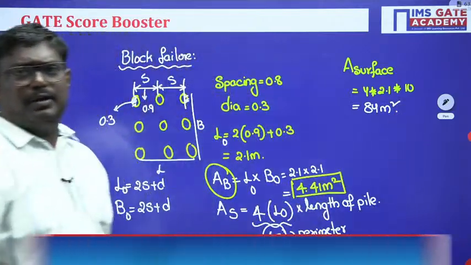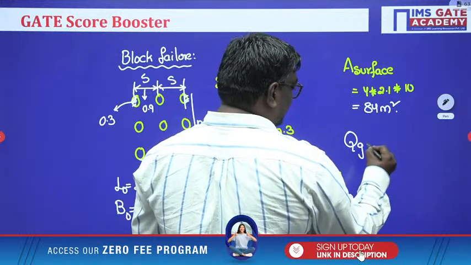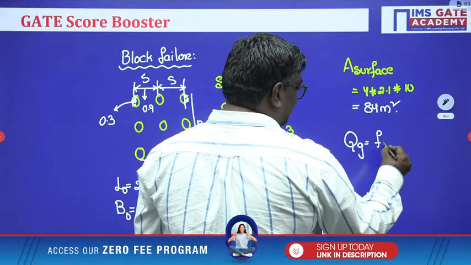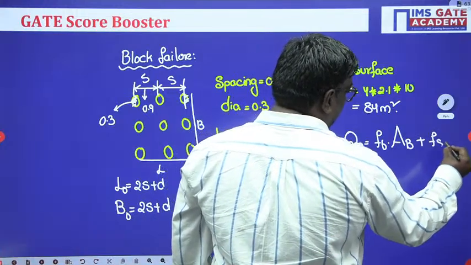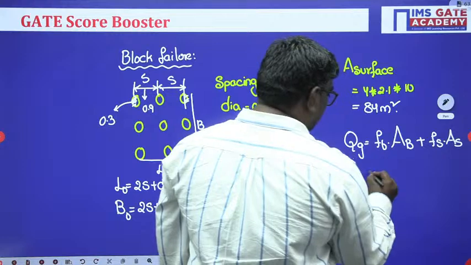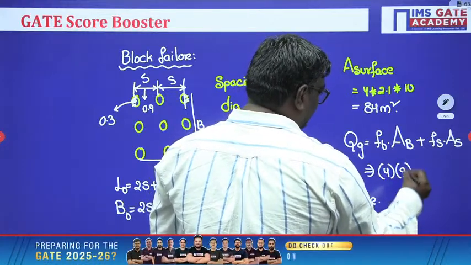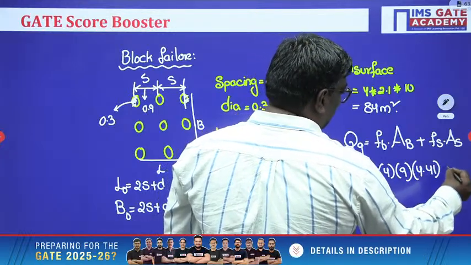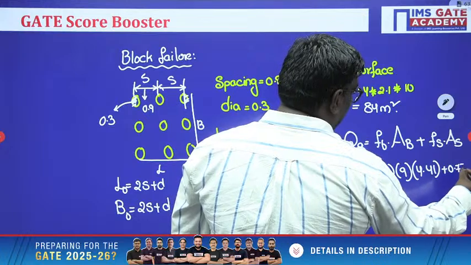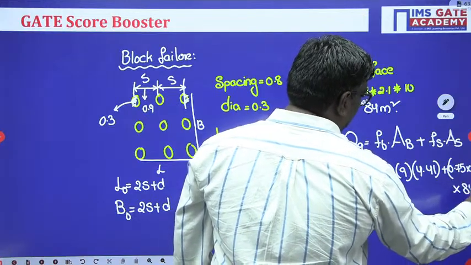So in block failure, group capacity QG you can write as FB into capital AB plus FS into capital AS. So what is FB, sir? CNC, so 4 into 9 into AB, which is 4.41. This is alpha 0.75 into 3 into area, how much, sir? 84.